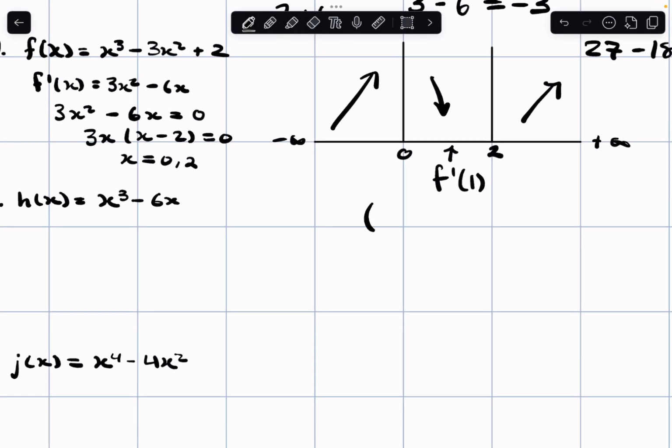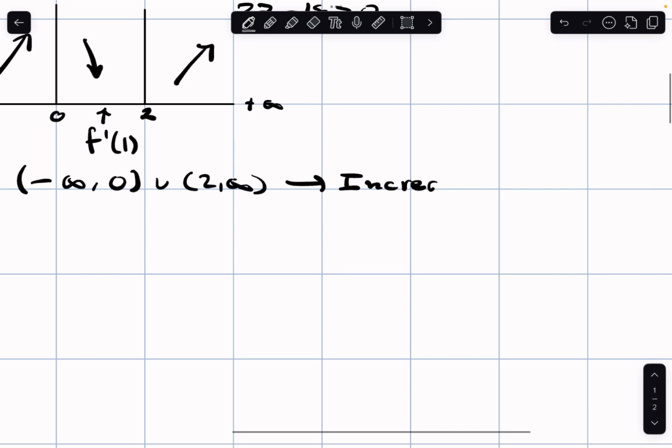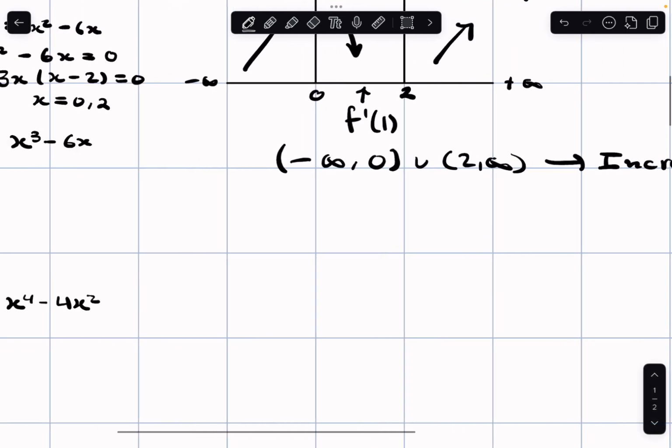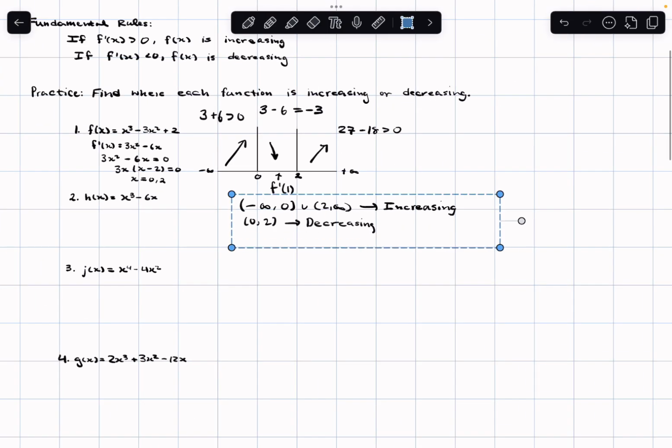So from negative infinity to 0, union 2 to infinity, these are our increasing intervals because the derivative is positive in those intervals. And from 0 to 2, it will be decreasing. And that is how you make a sign chart.